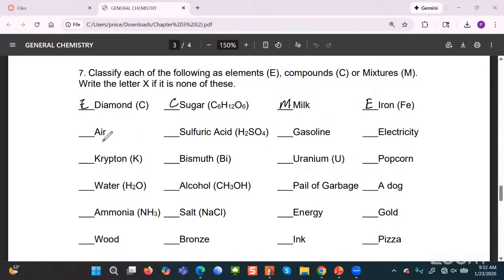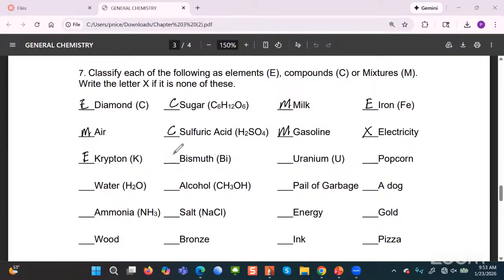Okay. Air, mixture. Sulfuric acid, compound. Gasoline, mixture. We saw that earlier. Electricity, none of the above, right? It's actually a form of energy, so we put X there. Krypton, element.